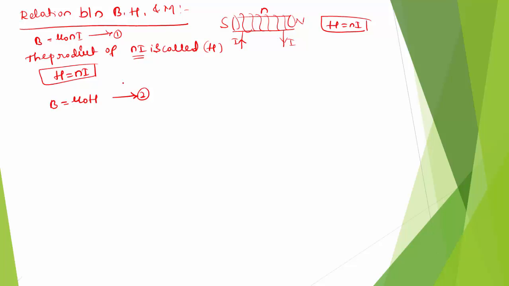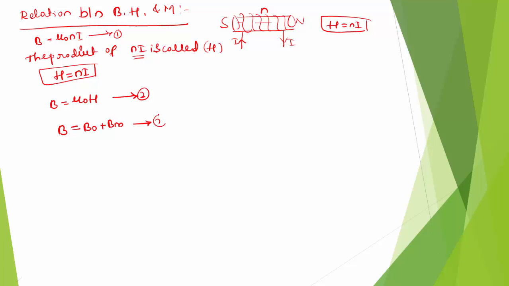In the interior of this solenoid, which is filled with a material of non-zero magnetization, the net magnetic field in the interior of the solenoid is B is equal to B naught plus Bm.